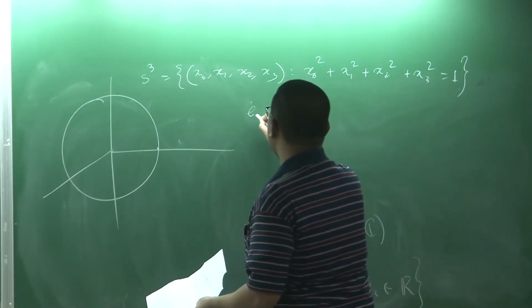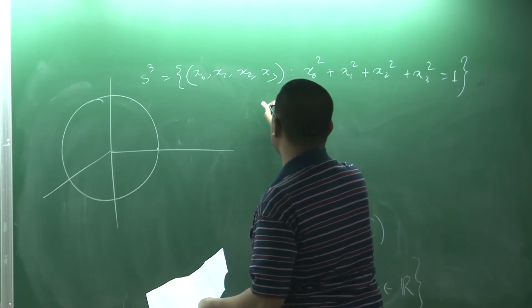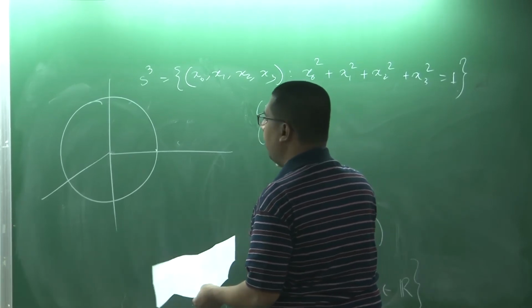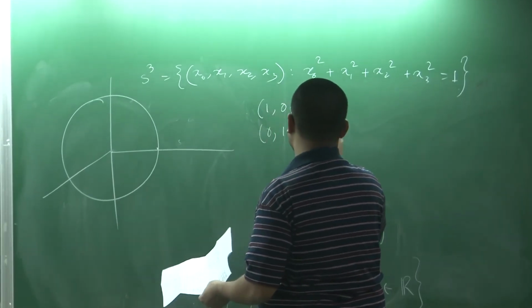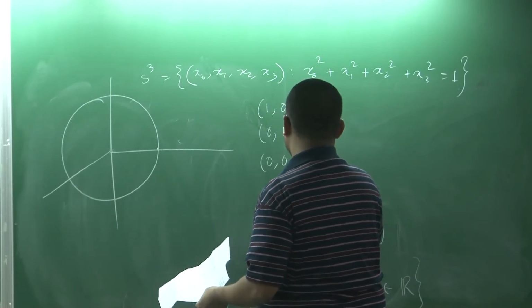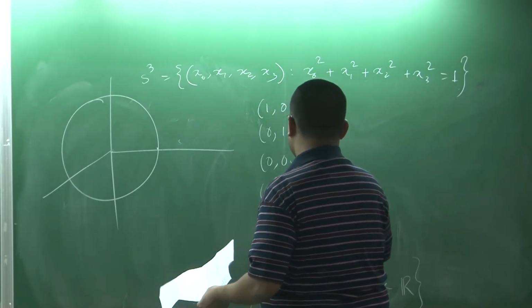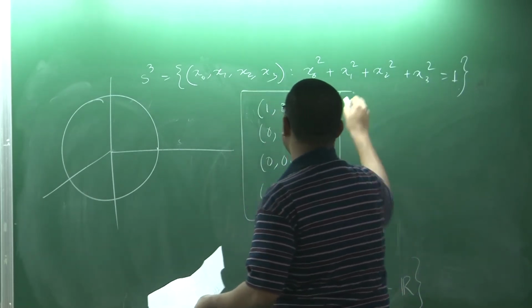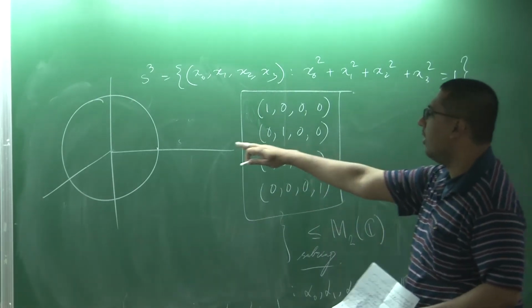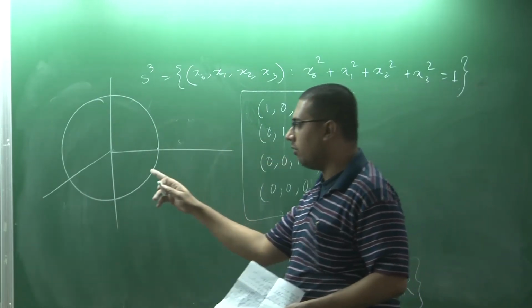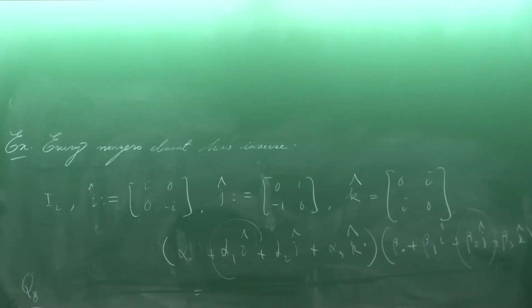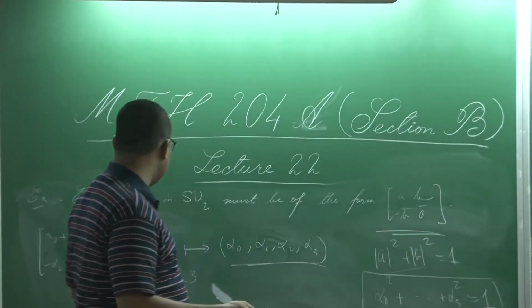So if we consider 1 0 0 0, the unit vectors of the standard basis, all these unit vectors are lying on this 3-dimensional sphere. So by means of identification, we will try to look at their images.